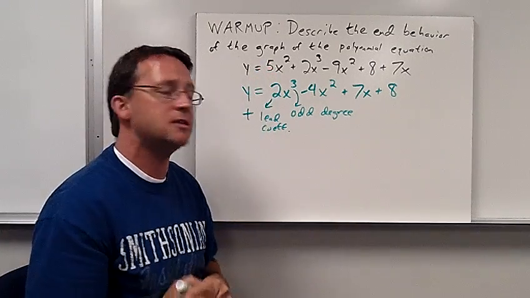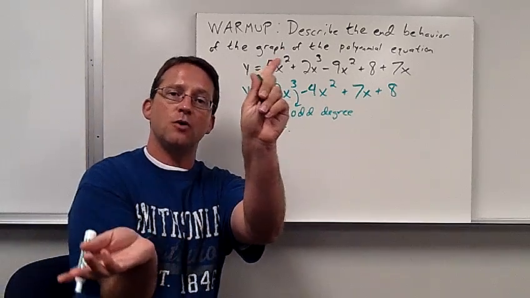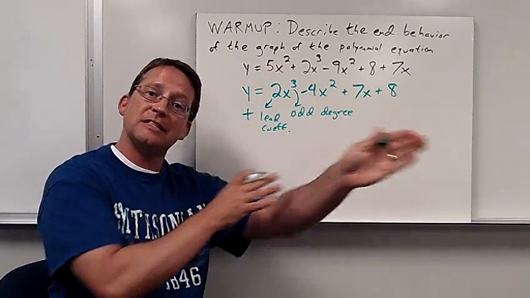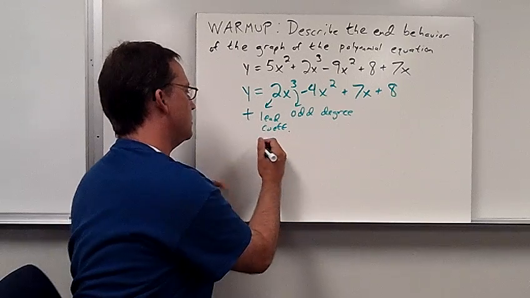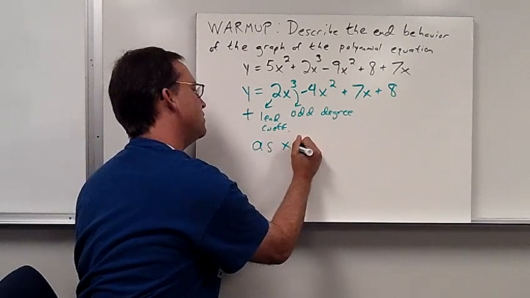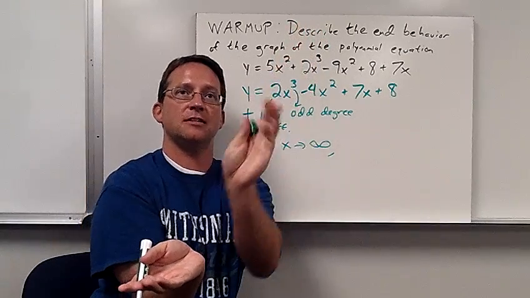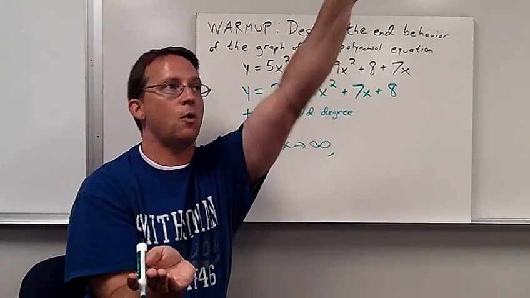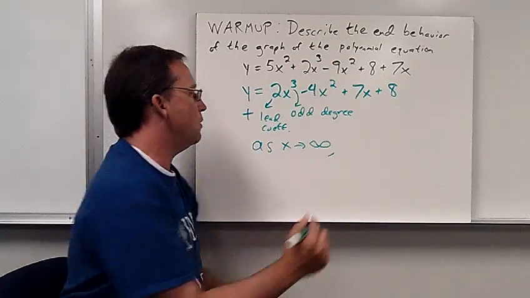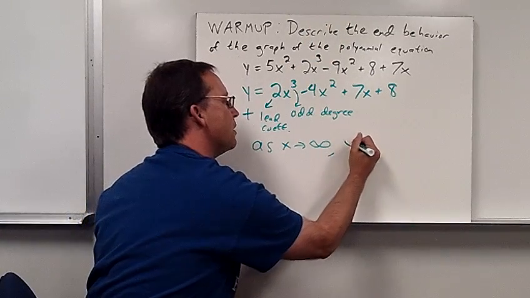Now the way we write those statements, remember we talk about each of those ends individually. What's happening is x is getting very, very large. So what's happening as x approaches infinity? Well, if my ends are pointing like this, as x is getting larger, so is y. This end's pointing up. So as x approaches infinity, y approaches infinity.